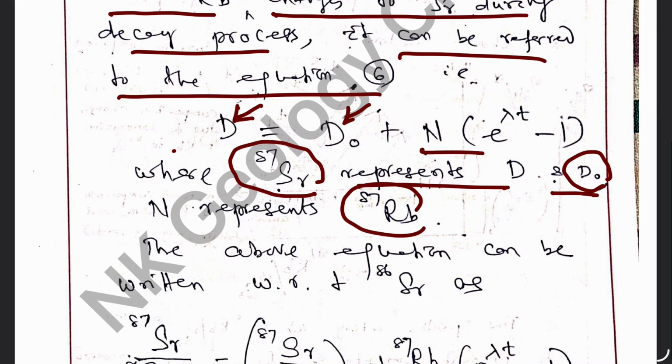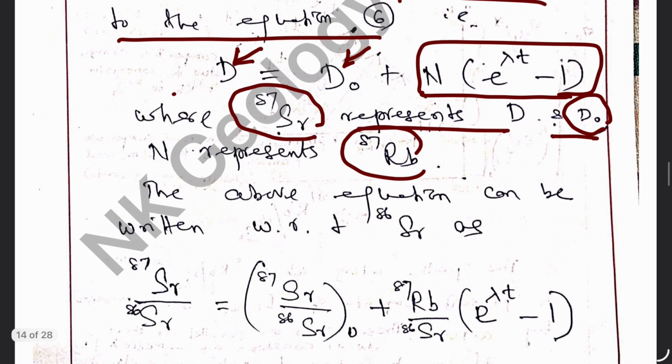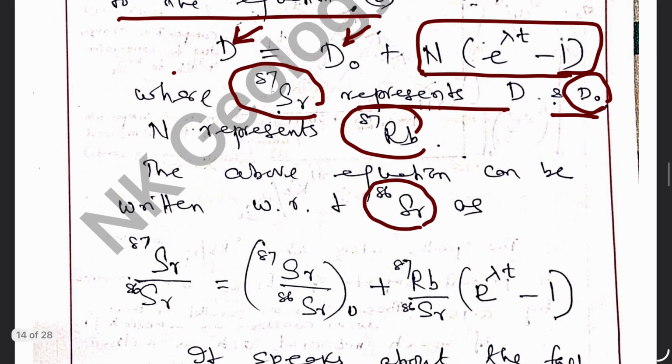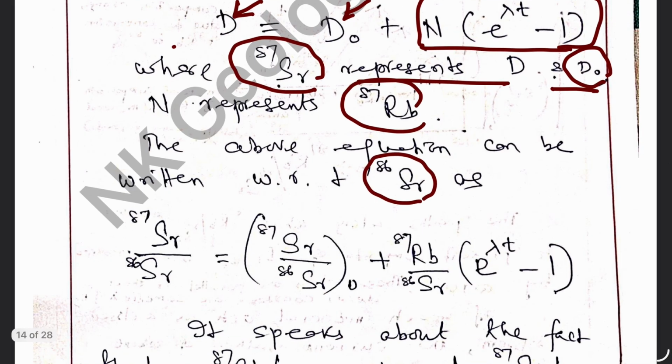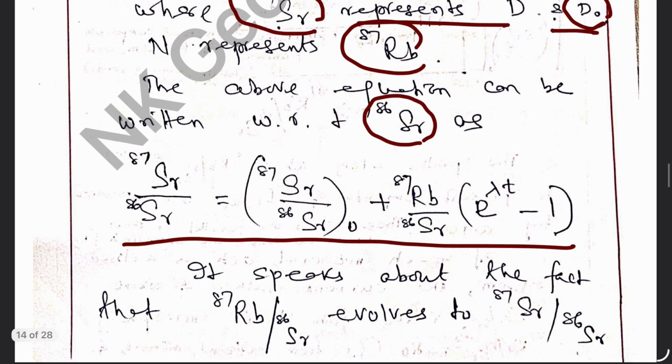D star is equal to N into e to the power lambda t minus 1. This is D star. So this equation can be written with respect to strontium-86, which is the non-radioactive element present in the minerals. If you divide it, the equation becomes: strontium-87 by strontium-86 is equal to strontium-87 by strontium-86 with subscript 0 plus rubidium-87 by strontium-86 into e to the power lambda t minus 1.